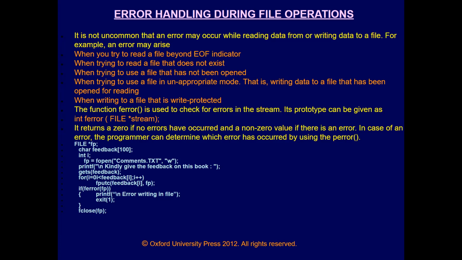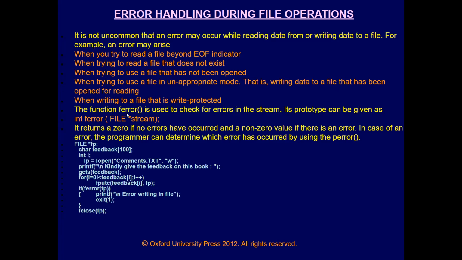Errors occur during file operations such as reading and writing: when trying to read a file beyond the end of file character, when trying to read a file that does not exist, when trying to use a file that has not been opened, when trying to use a file in an inappropriate mode, that is, writing data to a file that has been opened for reading, or when writing data to a file that is write protected.